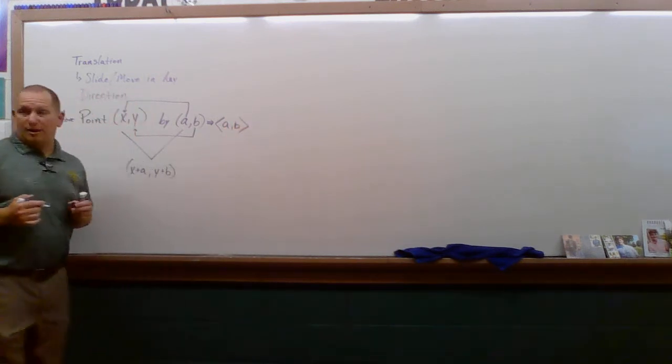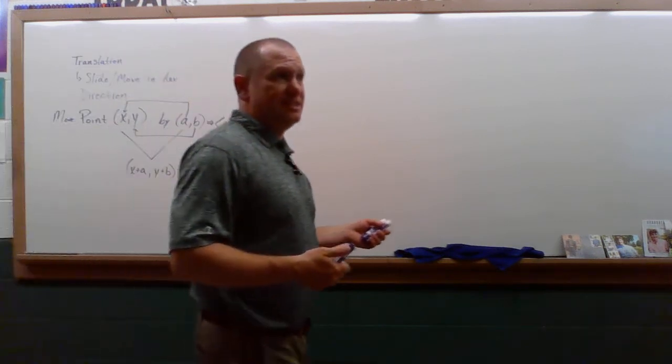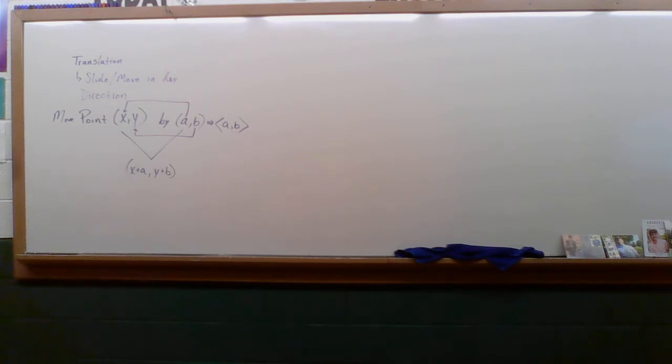So if you see those kind of parentheses, it means the exact same thing. It's just a different way of writing it. And don't freak out about it. Again, you don't have to graph these. You just have to do the vertices like we did yesterday.